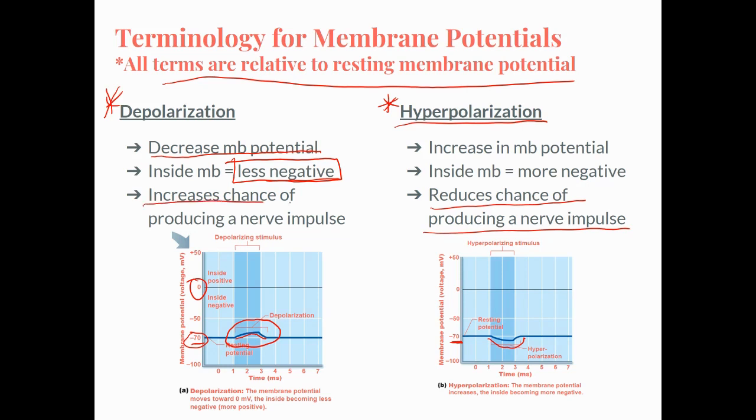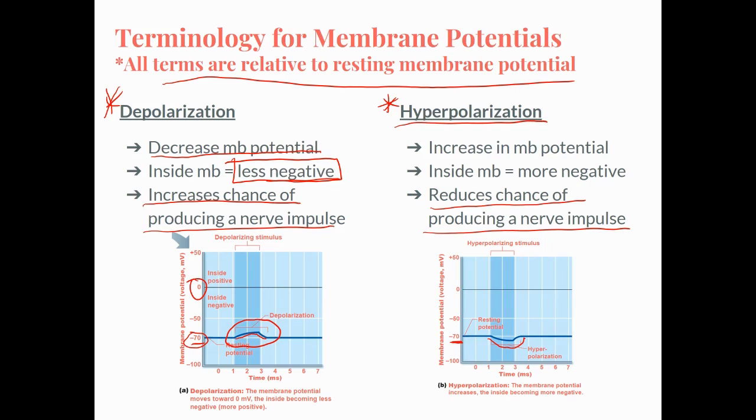Depolarization increases the chance of producing a nerve impulse, which sends a message from neuron to neuron to respond. From the last video, hey, I smell some cookies, that's integration, sensory receptors sending that message to the brain, the integration center. Or from the brain, hey, I'm going to pick up those cookies and put them in my mouth, to those effector cells.